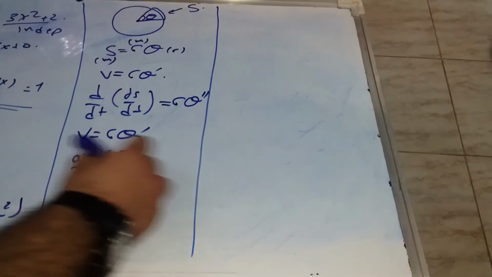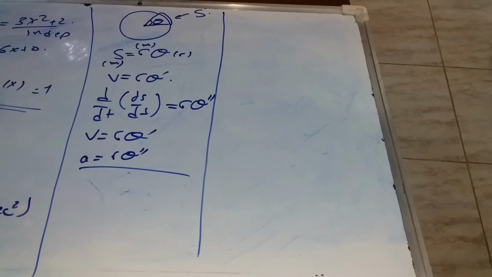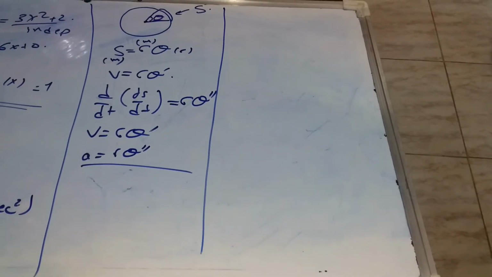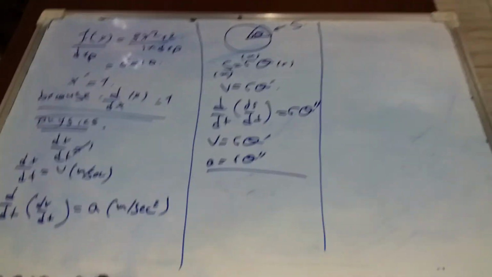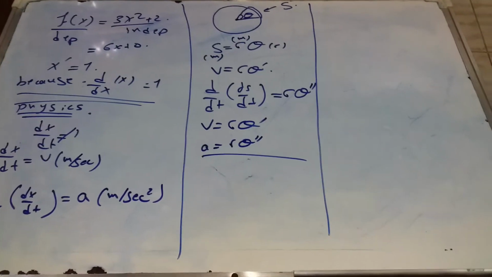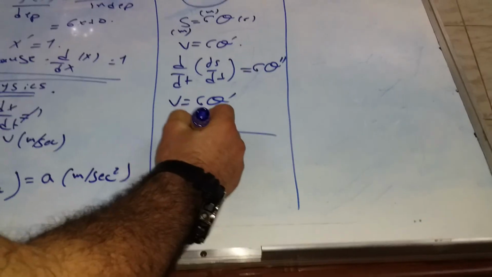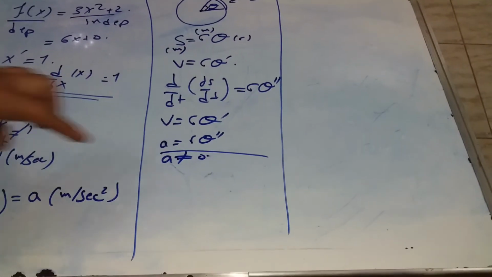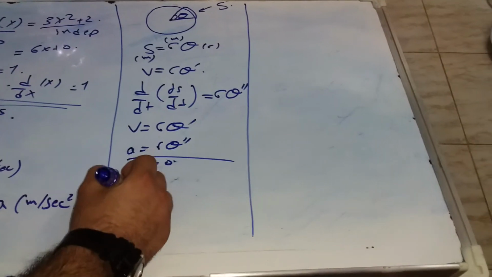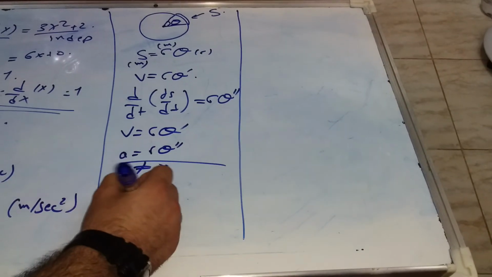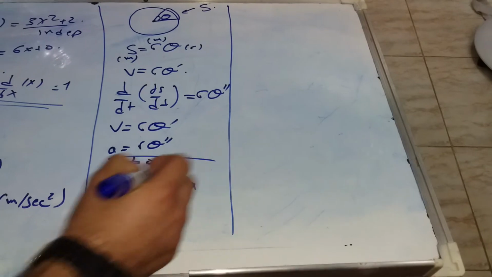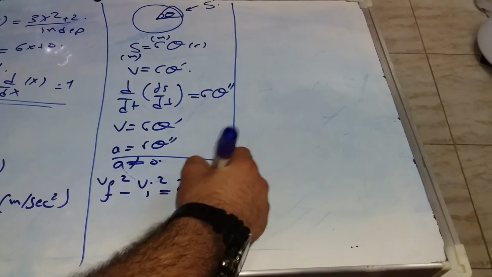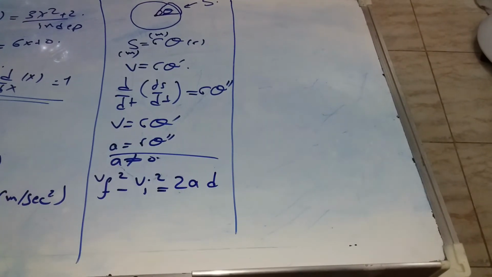Now I'm going to speak about the work energy theorem. And the work energy theorem, where does it come from? First, if we have a moving object with acceleration a different from 0, then we have to use the rule which states that v final squared minus v initial squared is equal to 2 multiplied by the acceleration and the distance covered by the object.